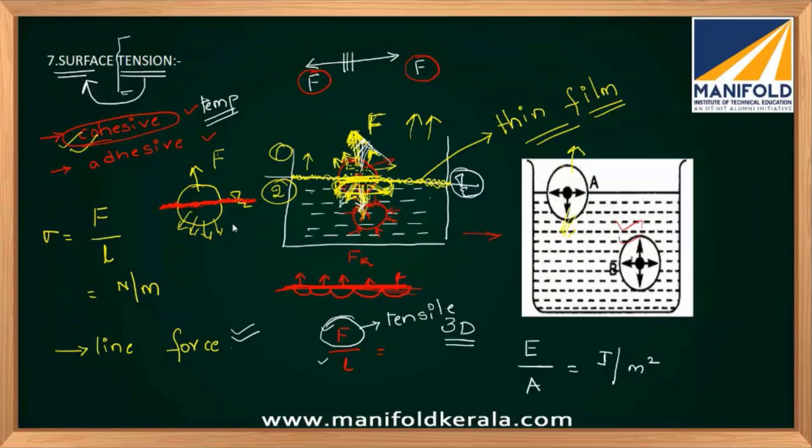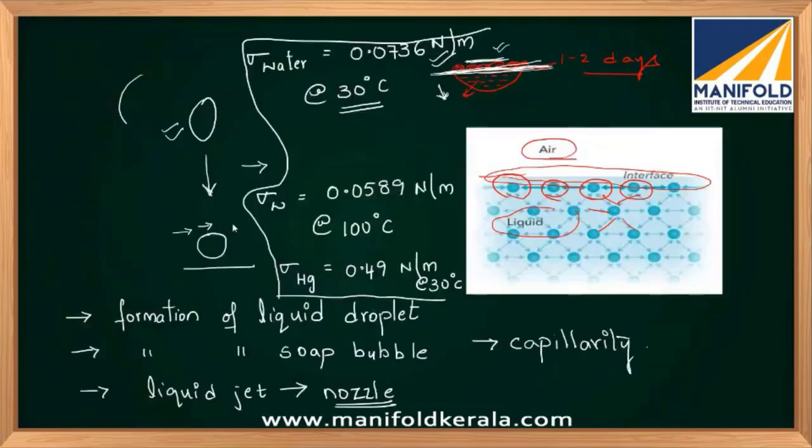Again, if you take petrol and water, you need two different liquids to form surface tension. Most of the time it is 0.0736 at 30 degrees centigrade. Some authors give 20 degrees, some 25 degrees, some 30 degrees. No problem, you can take it ranging from 20 to 30 degrees.